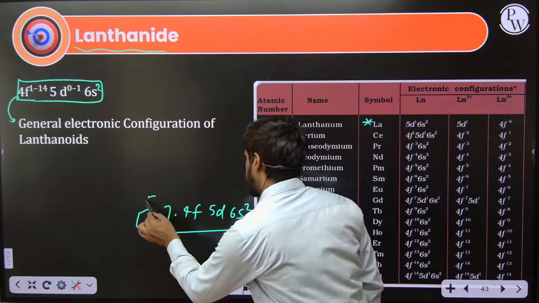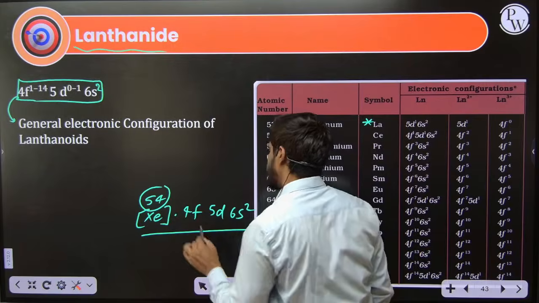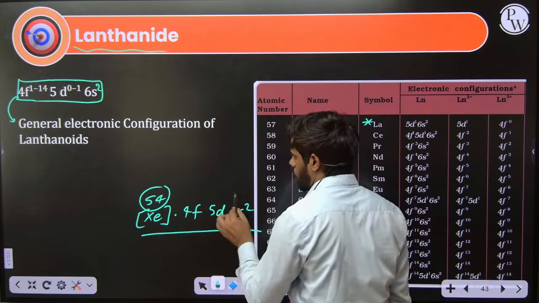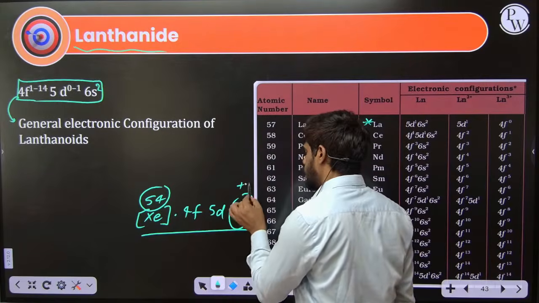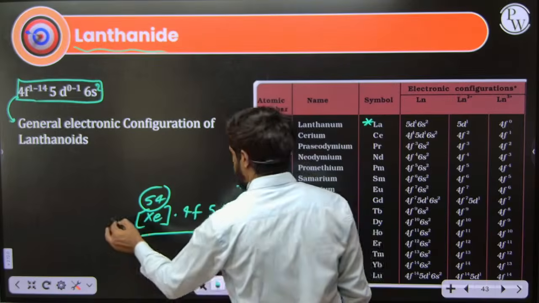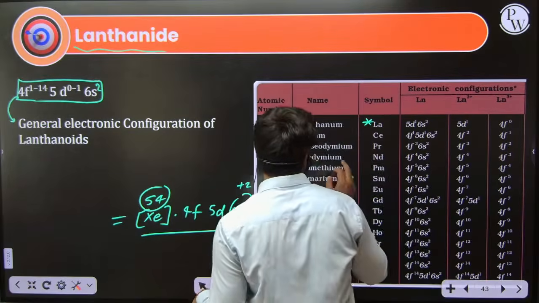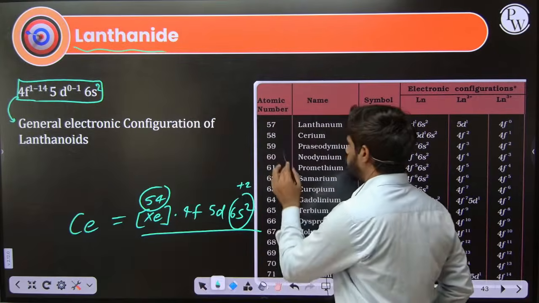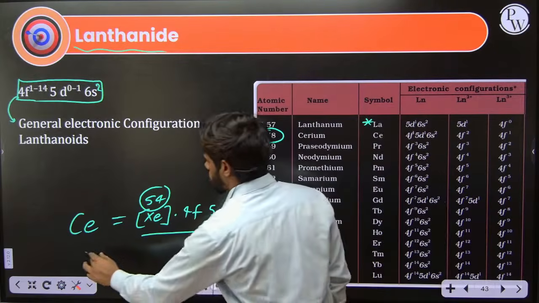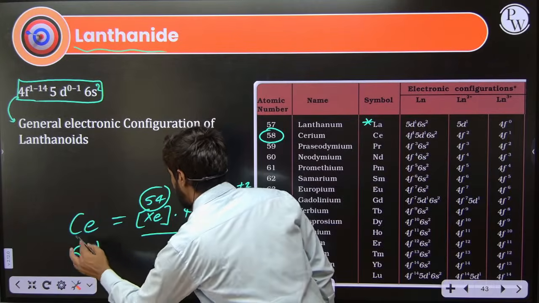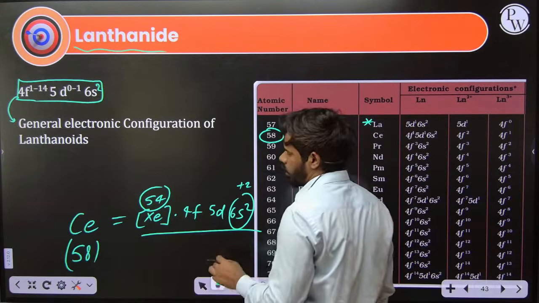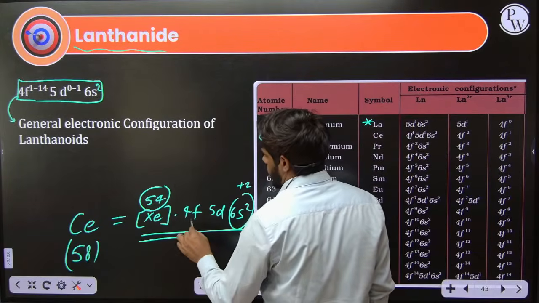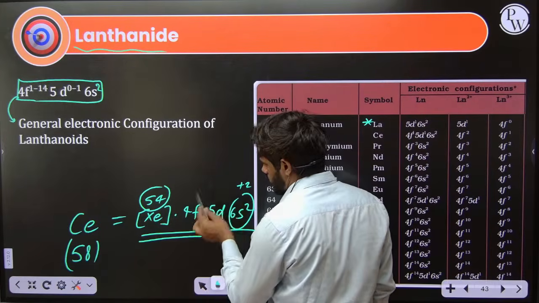So 54 electrons are filled in xenon, and after that 2 electrons we have filled. Next, for example, we are doing the configuration of cerium. For cerium the atomic number is 58. So 58 electrons we have to fill in the orbitals like this. So 56 we have filled.